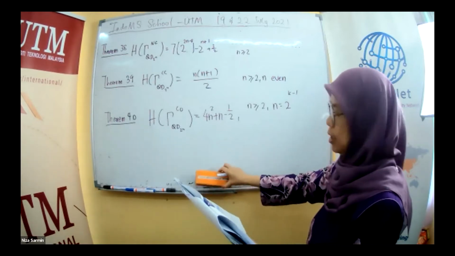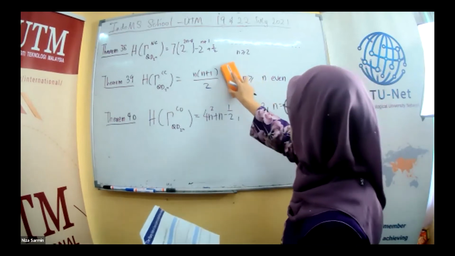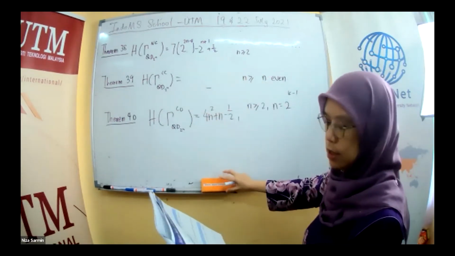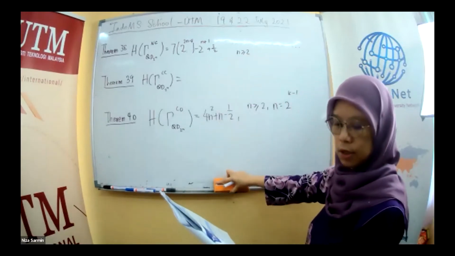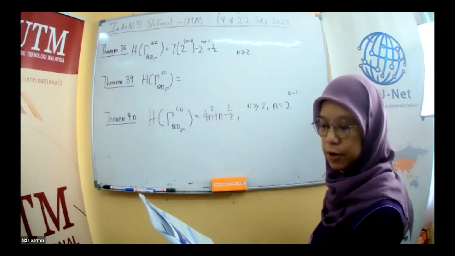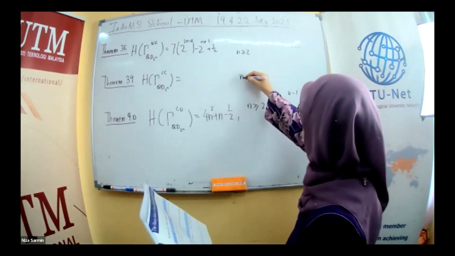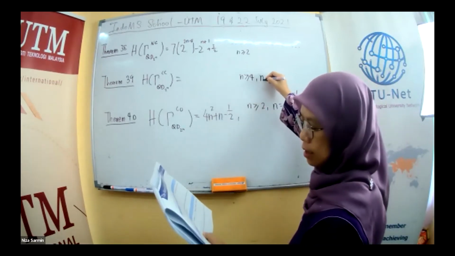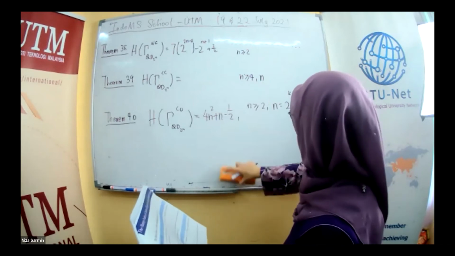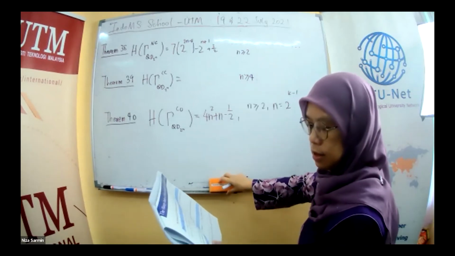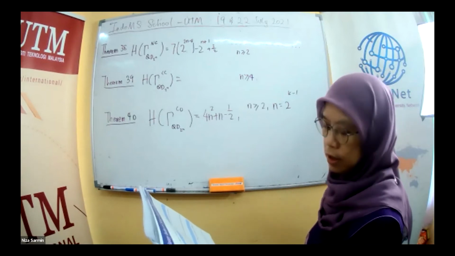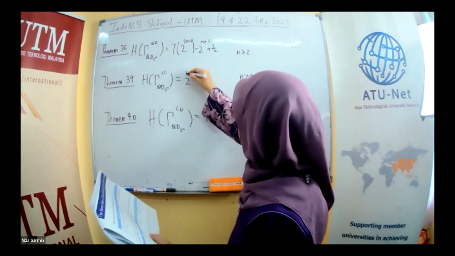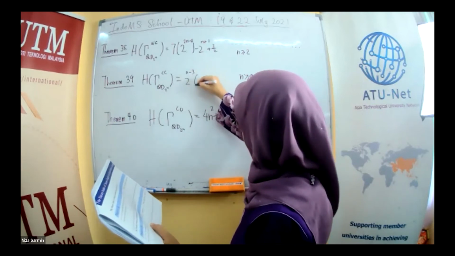For this one, when we have a little bit different condition, right? With order, yeah, n bigger or equal to 4. Okay, this is 2 to the n minus 3.